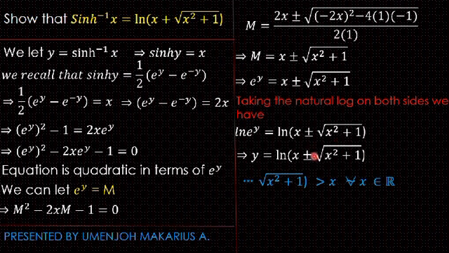We know that the square root of x squared plus 1 is bigger than x, namely x is smaller than the square root of x squared plus 1. That therefore means that if we take x, which is a smaller quantity, minus the square root, which is a bigger quantity, this is going to give us a negative value.